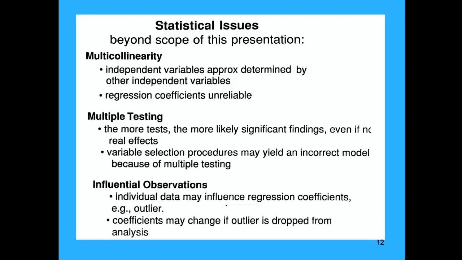So that's influential observations. Coefficients may change. Now, there is this thing called an outlier. You know what an outlier is? An outlier may not be an influential observation. What's an outlier? That's a person whose value on whatever you're measuring, one of the predictors, is way out of range. If you're measuring their age, they're 103 years old, okay? And maybe you don't want anybody like that in there. That's an outlier.